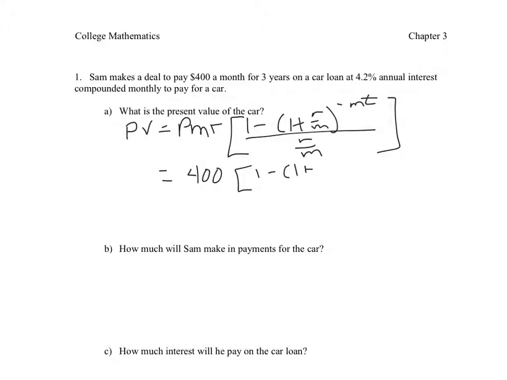The interest rate is 4.2%, so that becomes 0.042, and it's compounded monthly, so our M is 12.